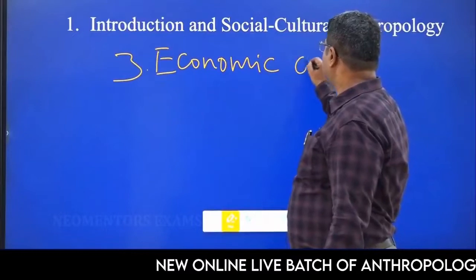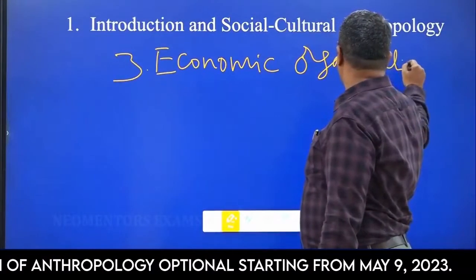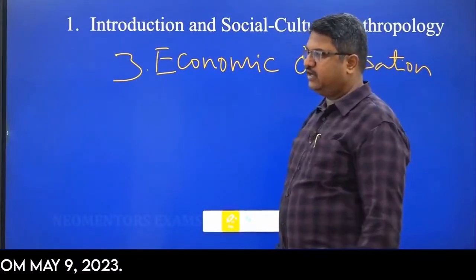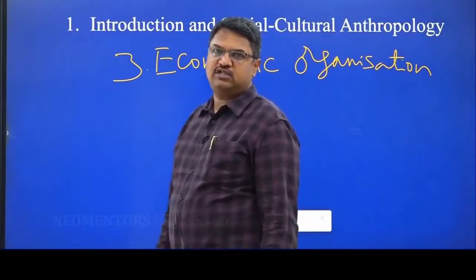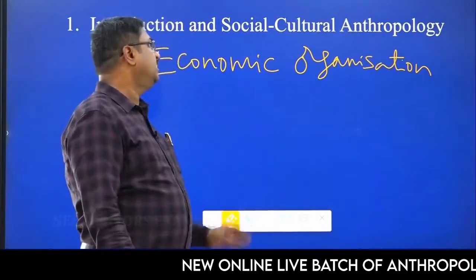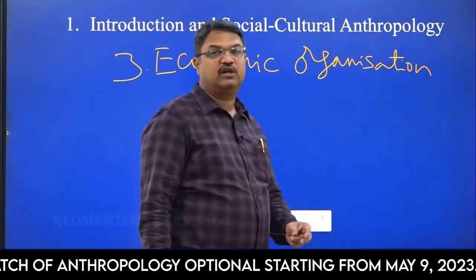So economic organization is the main idea in chapter 3. That is also classified under introduction and social cultural anthropology. Now the introduction is done, chapter 1 itself has covered that. From 2, 3 onwards we have this social cultural part.